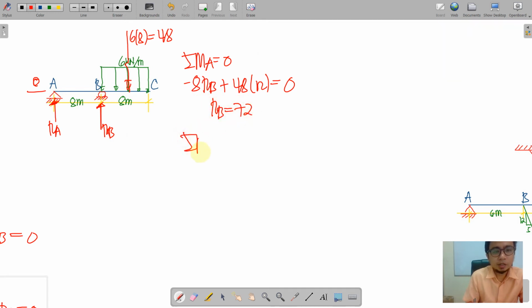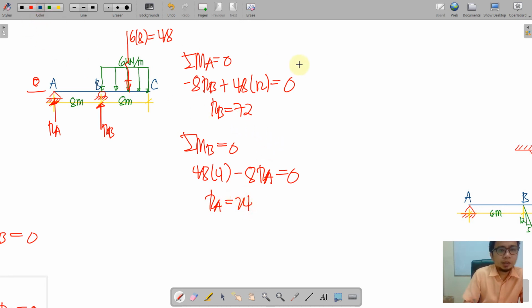And then for the other reaction, summation moments at B, we have 48 by 4 minus 8 RA is equal to 0. We have an RA of 24.